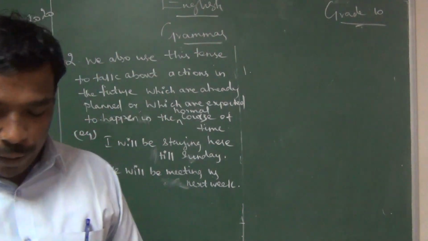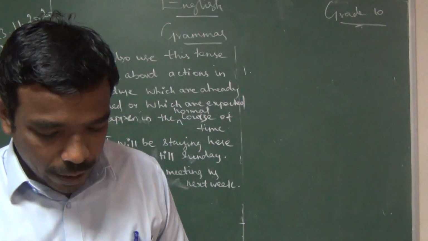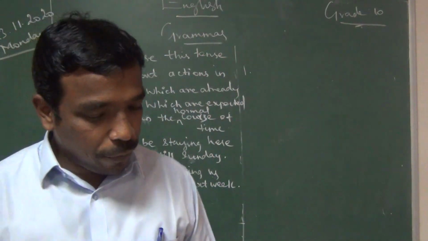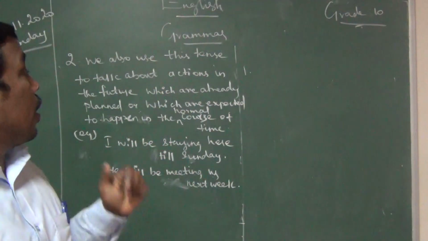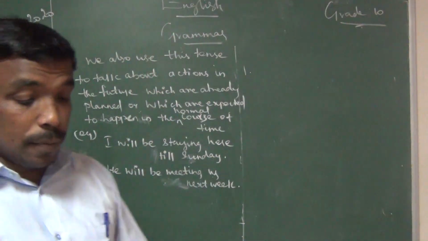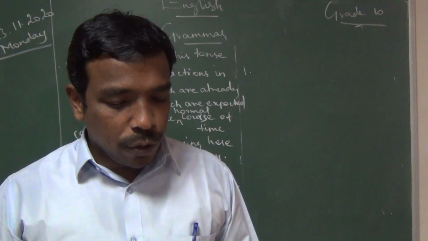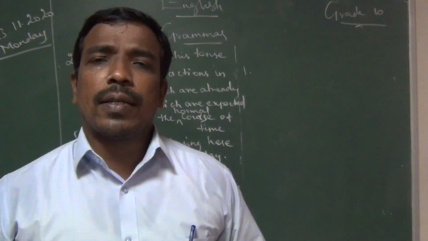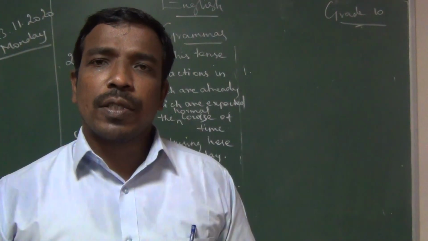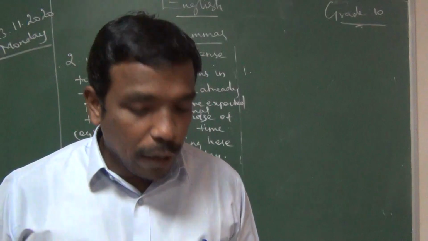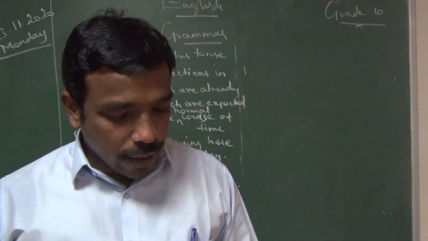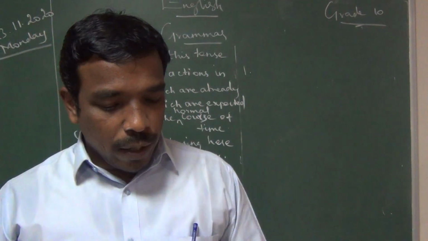That we can see in the next class. So present tense completed, past tense completed, and for future we have two more rules. In the next class we will see that.